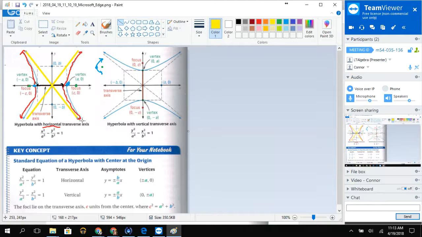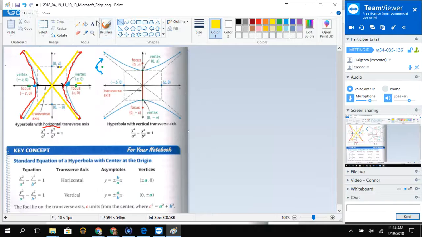So this red shape is going to get really close to those asymptotes, but it's never going to cross over them. And we find these asymptotes by using our vertex and this point B, which you'll be able to calculate, and that actually gives us the equation of our asymptote.